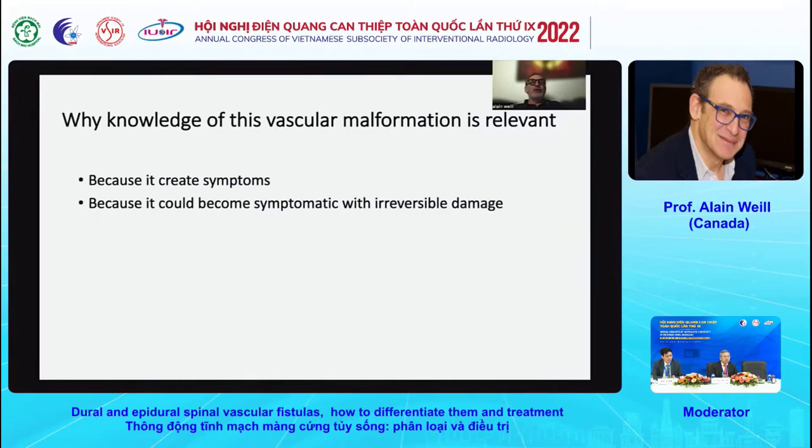The second question is, why knowledge of this vascular malformation is relevant. It is relevant because it creates symptoms, which is pretty obvious, and also eventually if there is no symptom, because it could be dangerous, being symptomatic with irreversible damage.